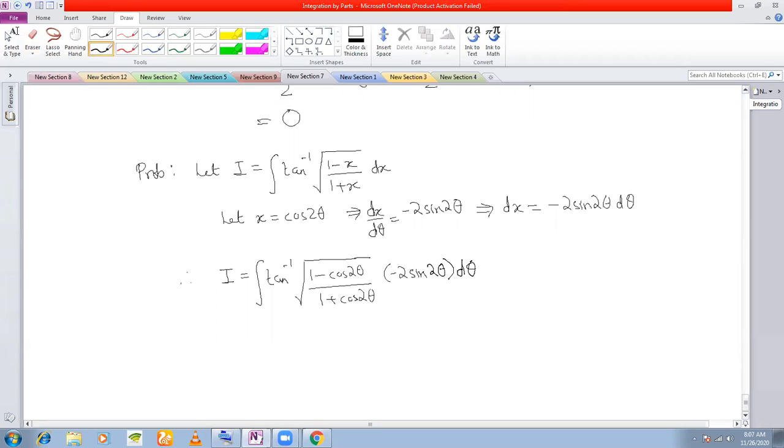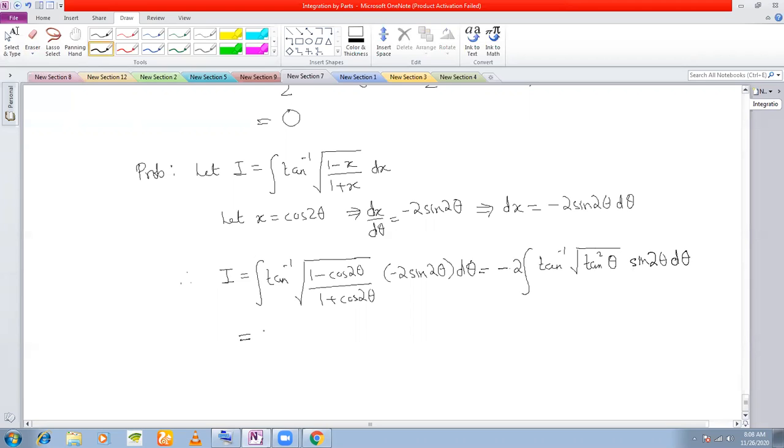Now integral tan inverse root 1 minus cos 2 theta by 1 plus cos 2 theta is tan inverse root of tan square theta. And you can take minus 2 out, and here you are only left with sine 2 theta d theta.